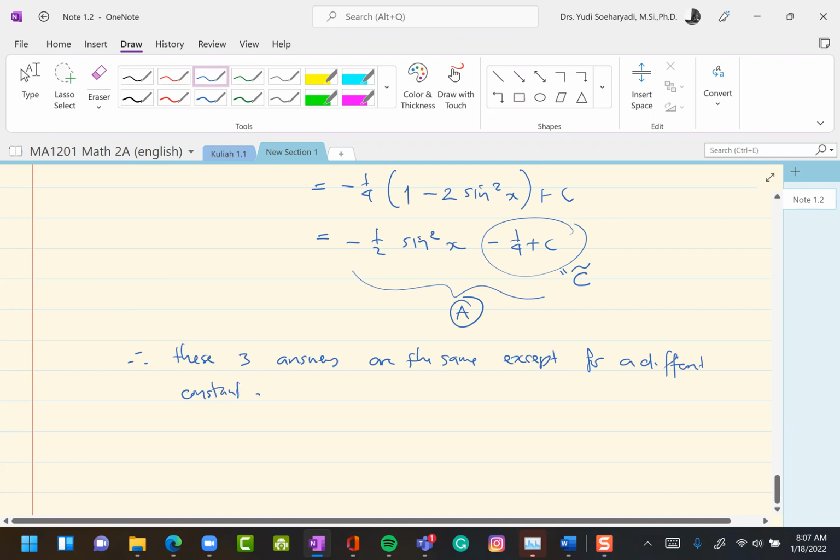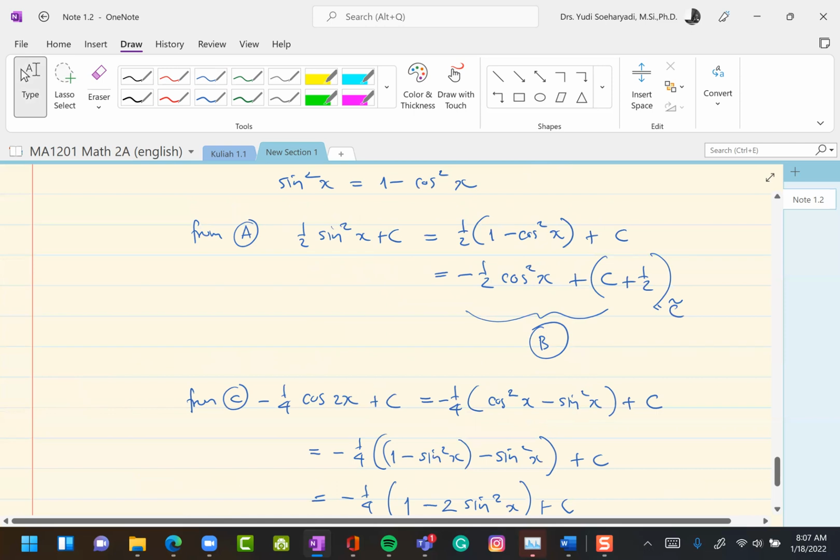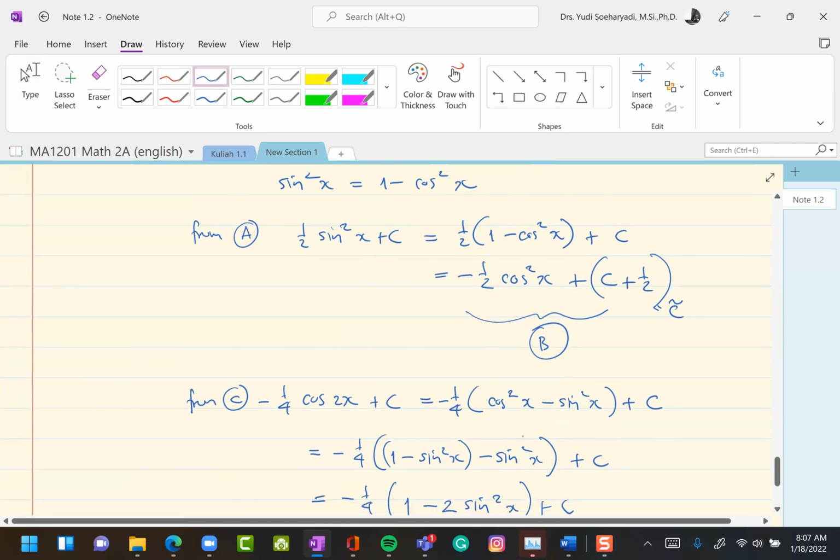So don't be fooled by this letter C, the constant. They may appear rather different. Questions?